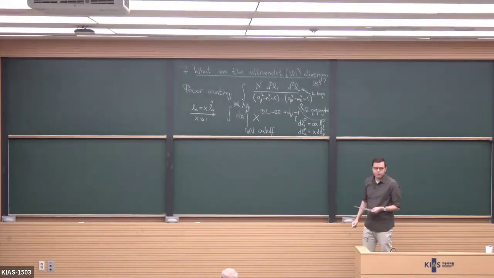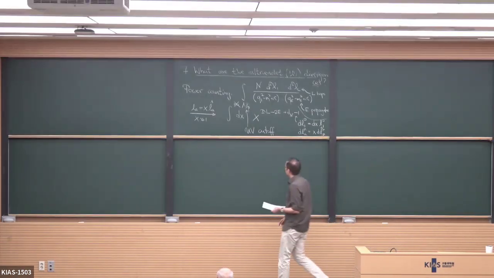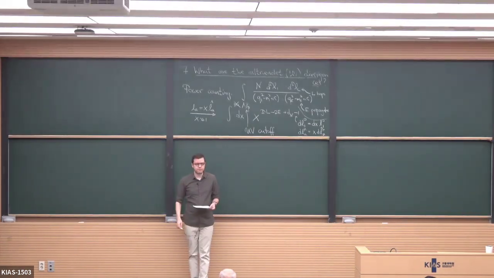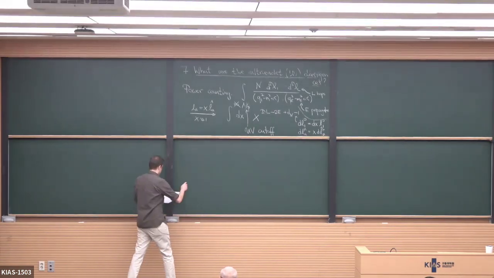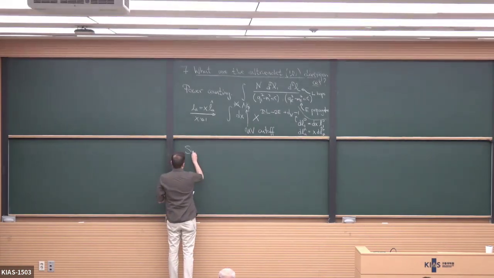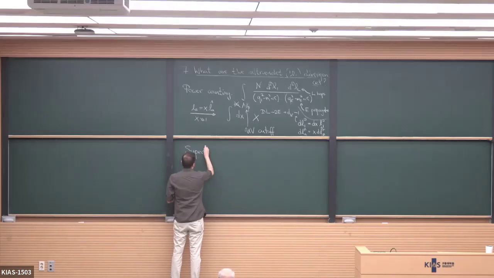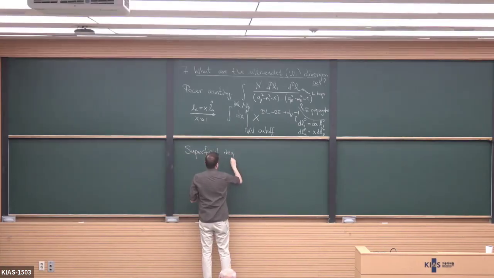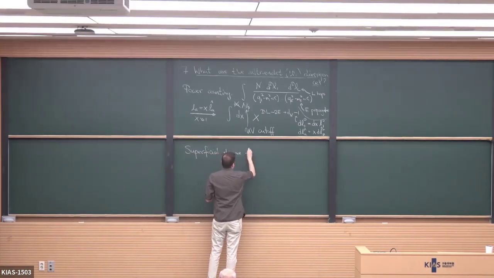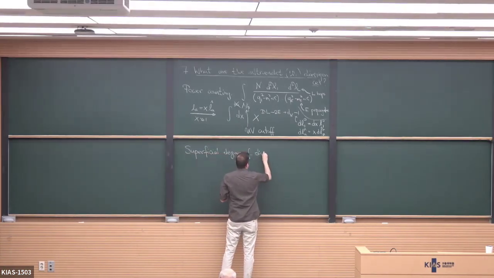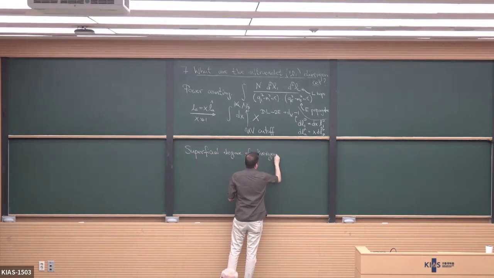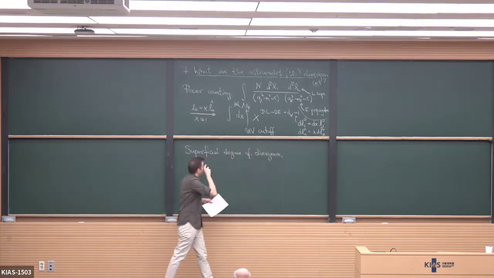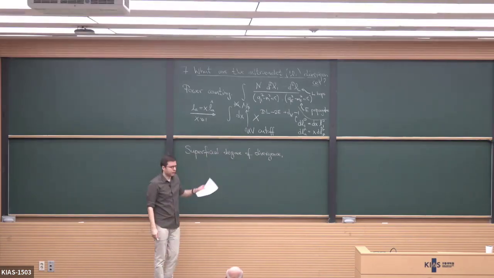So I hope this is very familiar to all of you. Now, how many of you have seen this before? Yeah, okay, good. So now let me talk about the superficial degree of divergence, which is just characterizing how fast this integral can diverge.